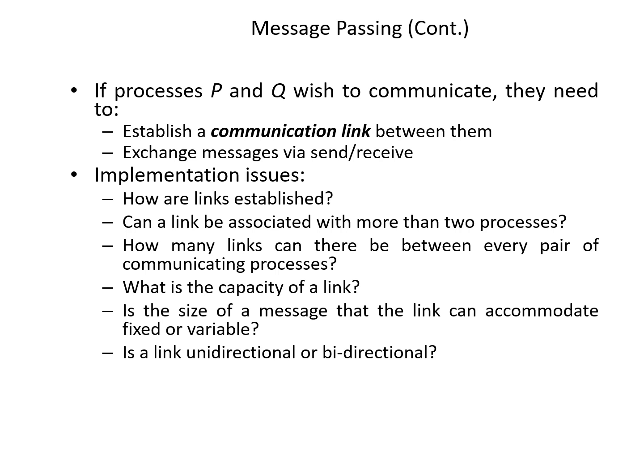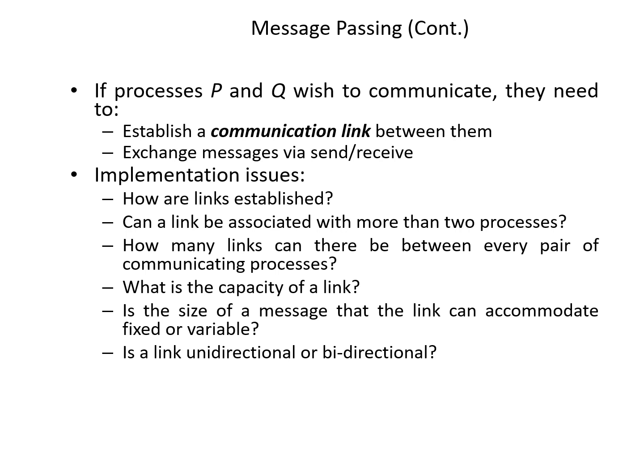While implementing this system, there may be certain issues that will occur. There are issues like how the links can be established between the processes and how a link can be associated with more than two processes.